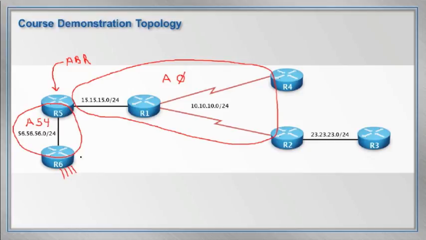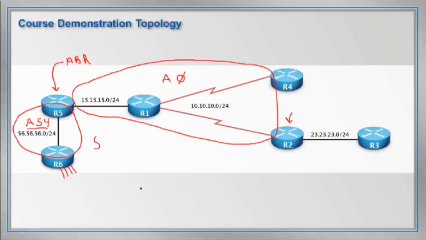So we'll take area 54 and revert it to a plain old regular area. And we'll stop the default route generation that we did over here on R2. And then, as you might guess, we want to take this area 54 on the left and make it a stub area. And we'll see if everything we just learned about is indeed true.